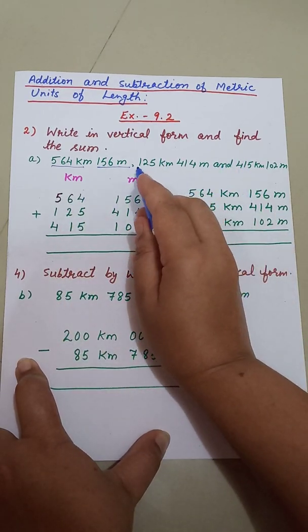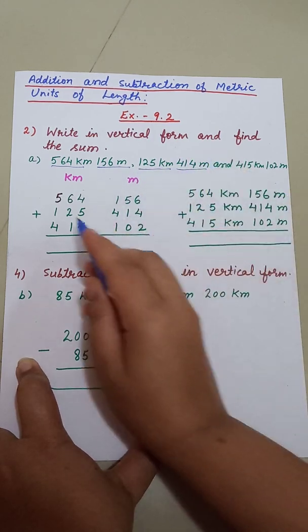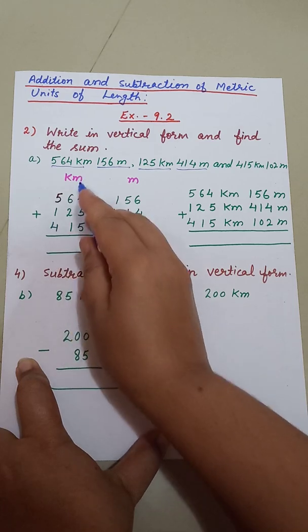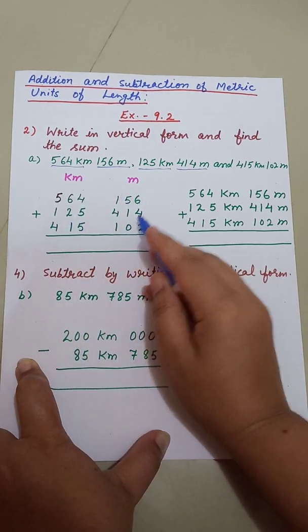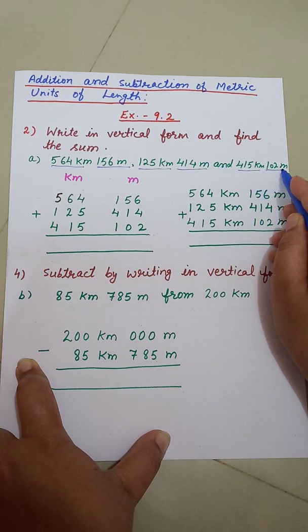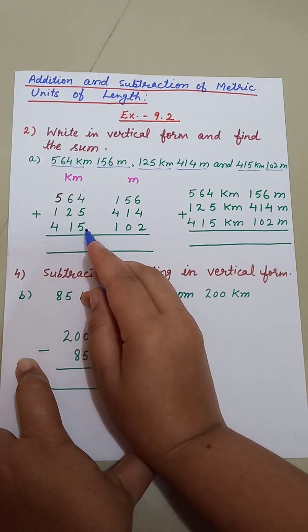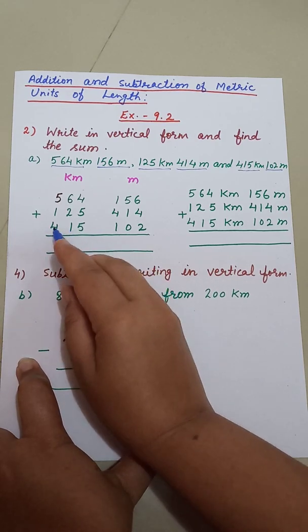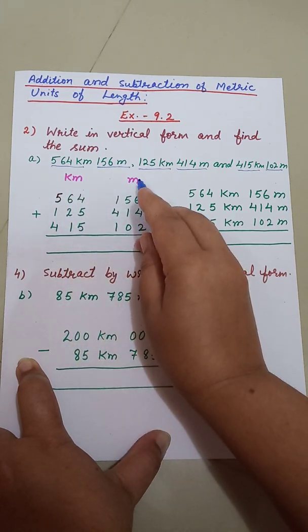Then I have 125 kilometer and 414 meter. So 125 I have written below kilometer and 414 below meter. Then 415 kilometer and 102 meter. Again I have arranged these numbers according to the units.